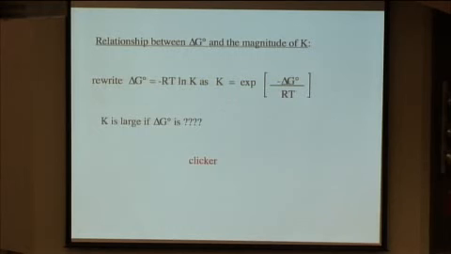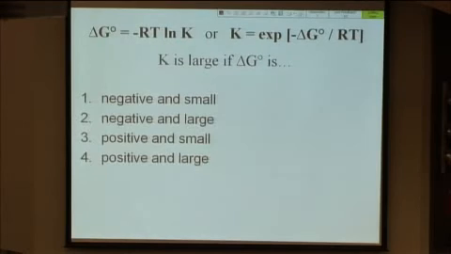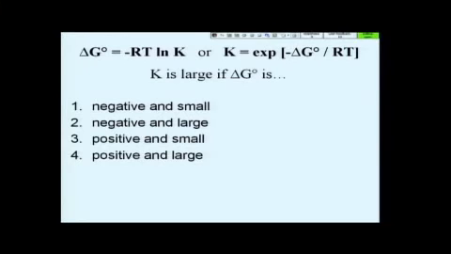All right, so now we are going to go toward our next clicker question. So we can rewrite the expression for delta G equals minus RT natural log of K and express it in terms of K, and now we can think about what that relationship is.